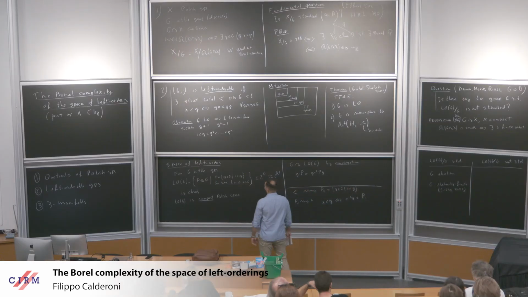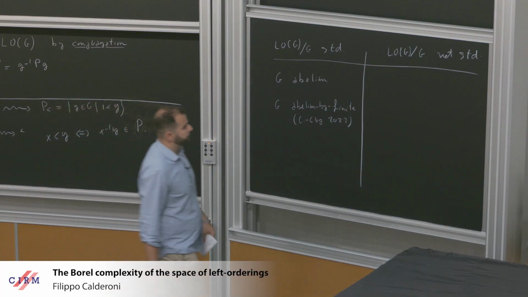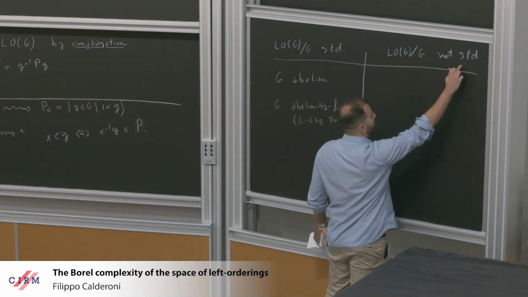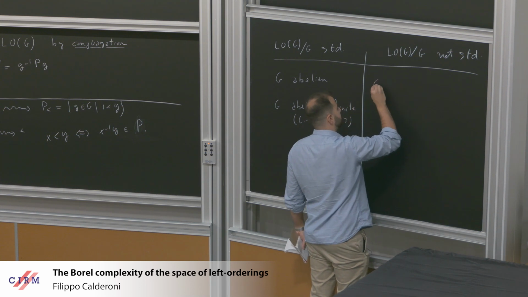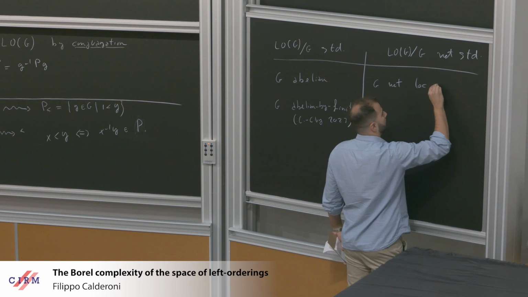Okay, but now examples for which the space is non-standard. So I was talking before in that diagram about locally indicable groups, which are the second subclass of torsion-free groups. We prove that LO(G) mod G is non-standard if G is not locally indicable.